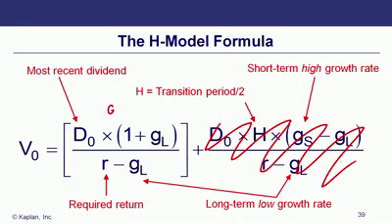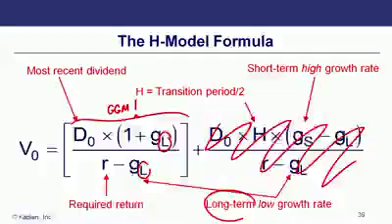This is quite simply the Gordon growth model. D0 times 1 plus g over r minus g. You've just got to make sure that you use the long-term growth rate. It will be the lowest, the long-term, the lowest growth rate, what it settles down to eventually. What you're doing in that first term is getting the present value of dividends as if they were always from now growing at that lower rate.